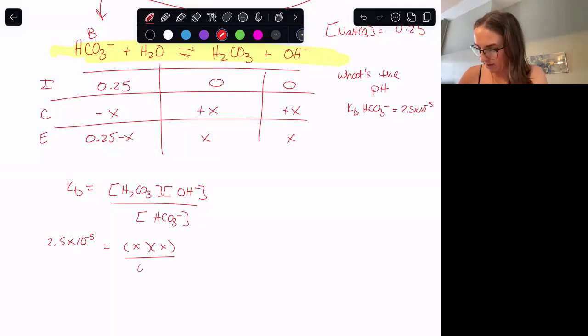Yep. So we can have 0.25. So I got X equal to 0.0025. Did anyone get something different?